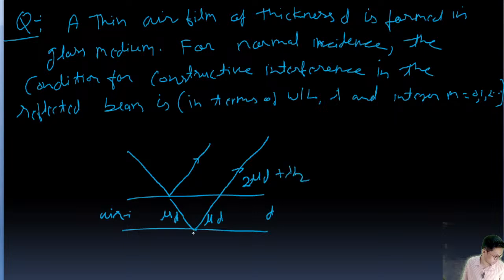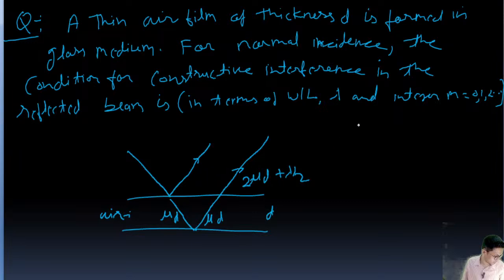This is the hard boundary of glass, and this is the air. If any light gets reflected from the hard surface, there is a path difference of lambda by 2, and this light also travels mu d distance here and mu d distance here, so 2 mu d plus lambda by 2.